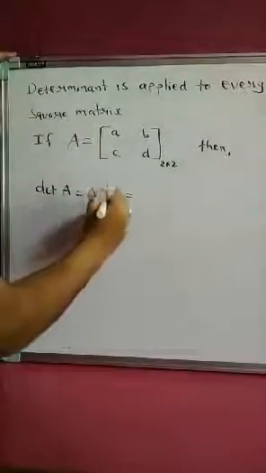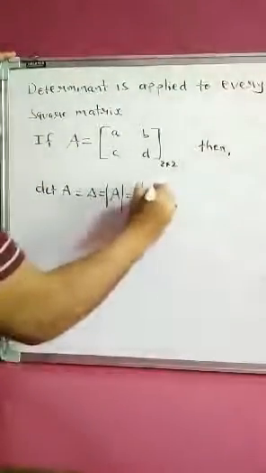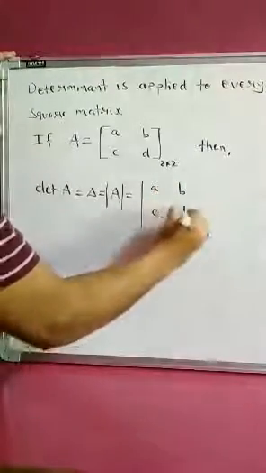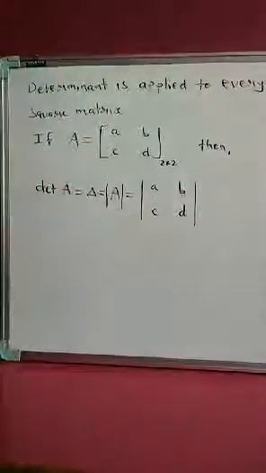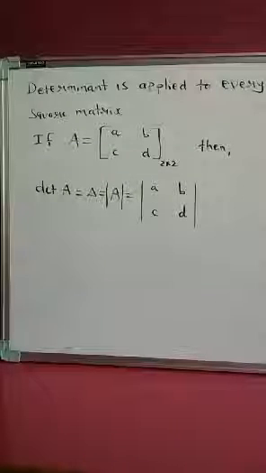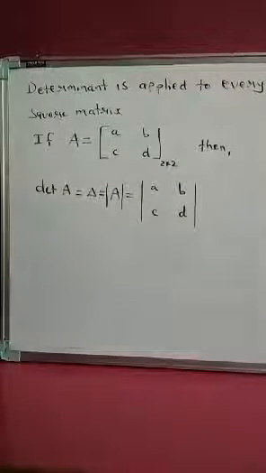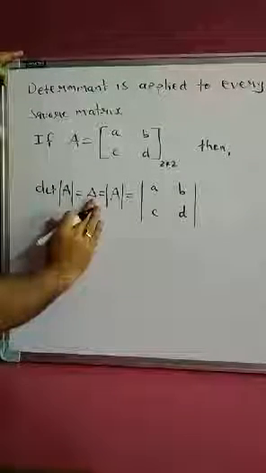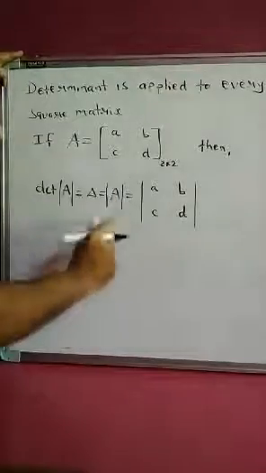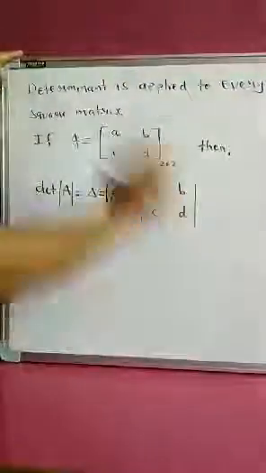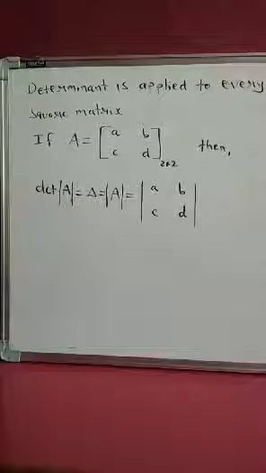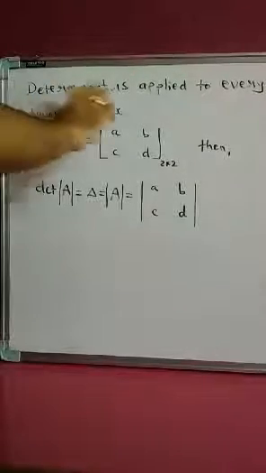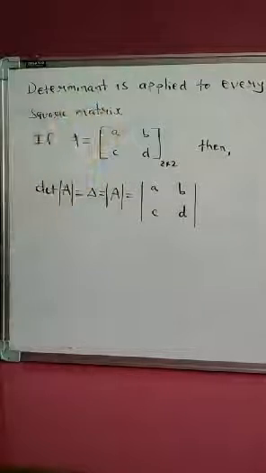It will be a, b, c, d. We can represent determinant like this way. It is also called determinant A. We can also write det A. We can also write delta. We can also write mod A is equal to a, b, c, d. So right now what you understood is that determinant is applied to every square matrix.